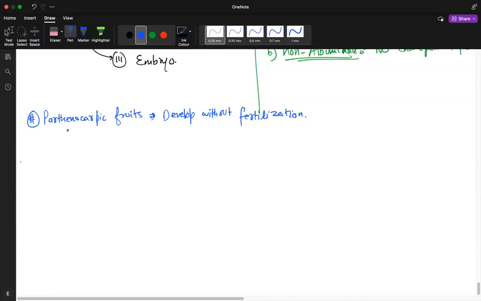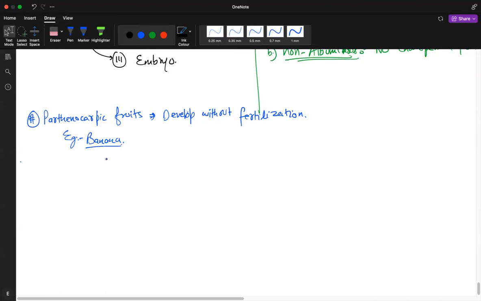Banana is a fruit, right? In case of banana, parthenocarpy can be induced very easily by application of growth hormones.